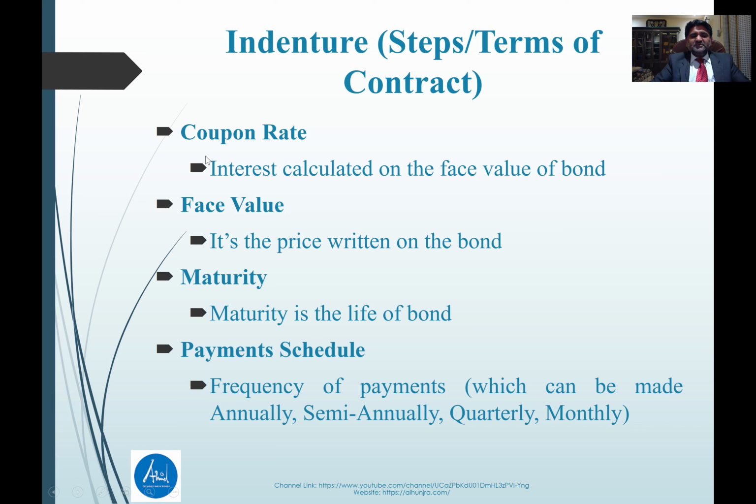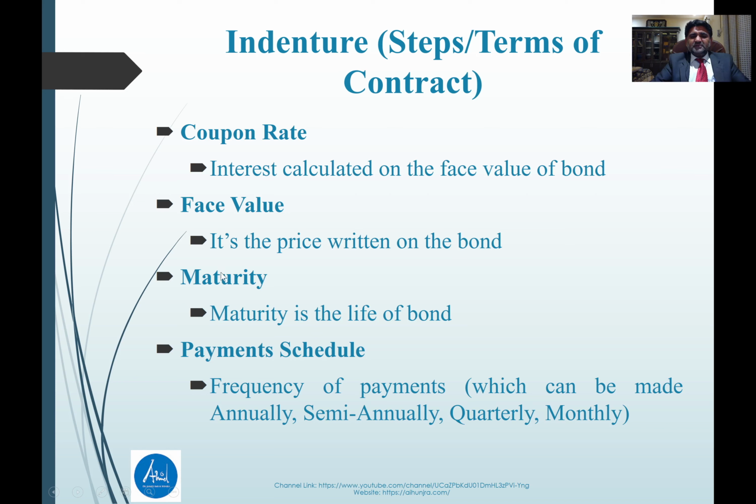So coupon is always calculated on the face value of the bond. Face value is the price written on the bond, which will remain fixed and which the bondholder will receive at the time of maturity.